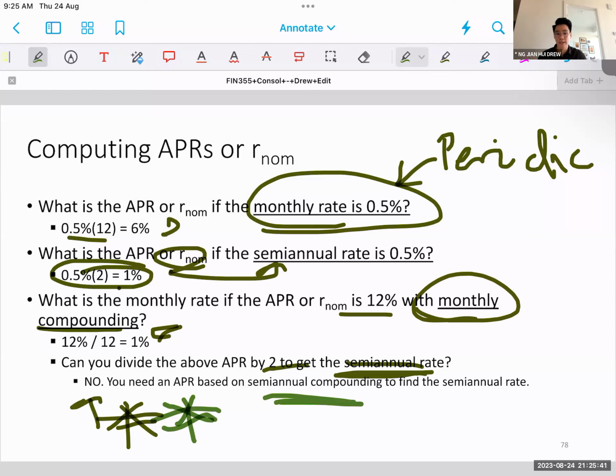It's because it's based on compounding. If your nominal rate is based on monthly compounding, you can only divide it by 12. But if you want a nominal rate based on semi-annual compounding, then you need to get that rate, and then you can divide by 2. All right? Everyone clear with that? Any questions for rates?